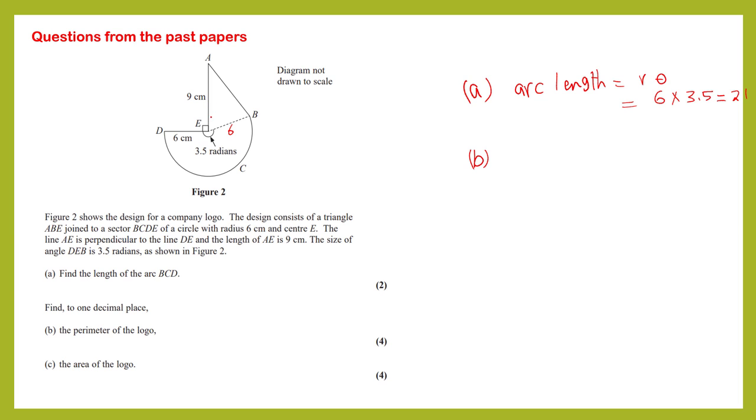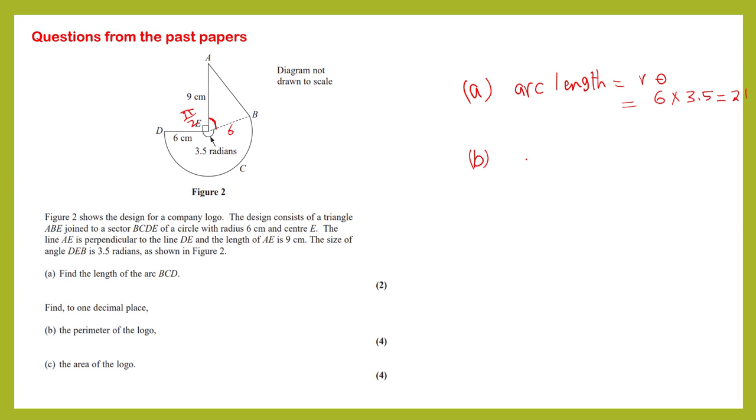And here we can get this angle. How can we get this angle? This is 90 degrees, which is pi over 2 radians. Its measure is pi over 2. And this part is 3.5. And as we know, all of this together makes 2 pi, which is a complete turn. So we can get this angle, which is AEB.